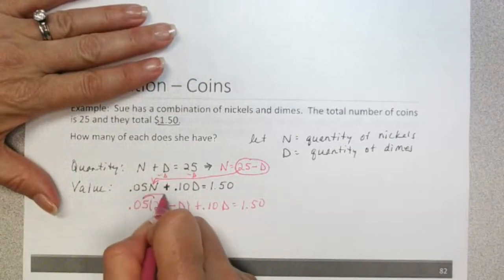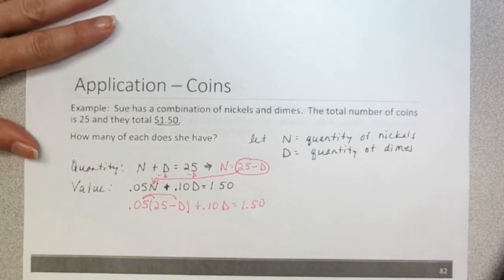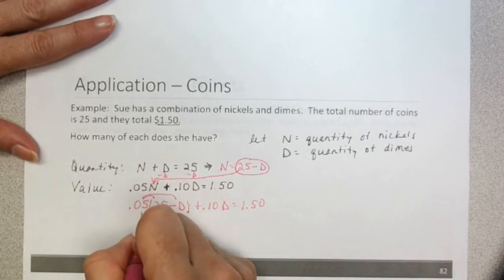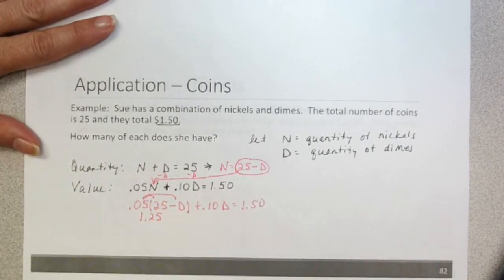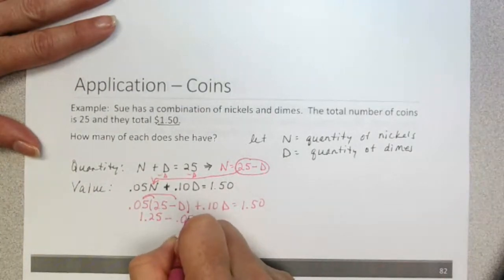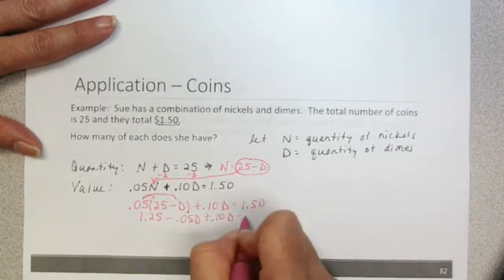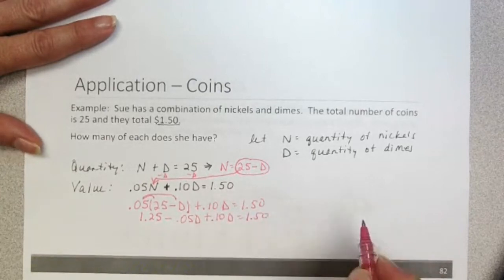Let's distribute that 0.05. 25 times 0.05 is 1.25. And then 0.05 times d is just minus 0.05d, plus 0.10d equals that $1.50.